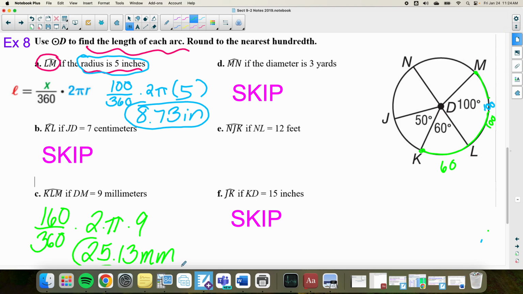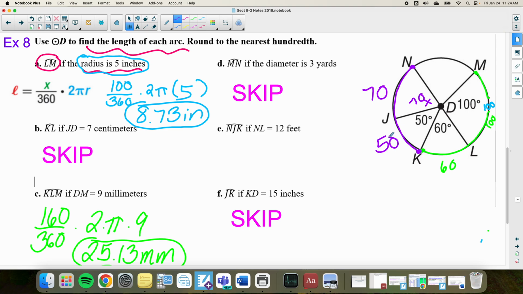Yeah. Okay, last one, they're looking for NJK. So that's this group here. How can I find that angle? I can add these and subtract from 180. This is 110. 180 minus 110 is 70. So this is 70, this is 50, this is 60.